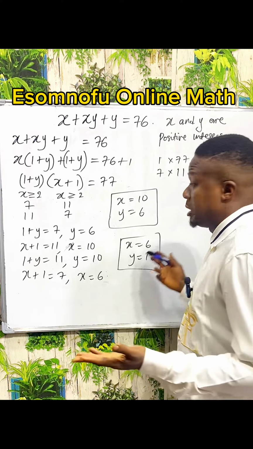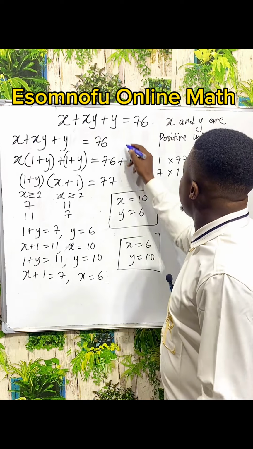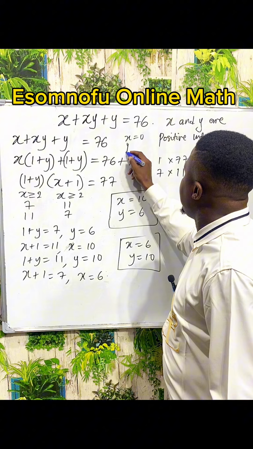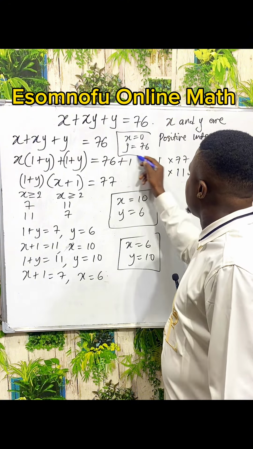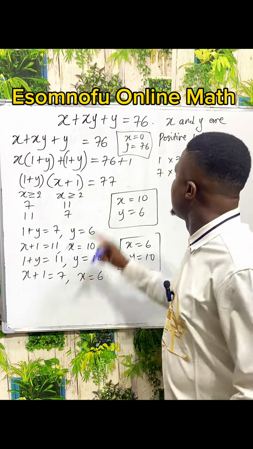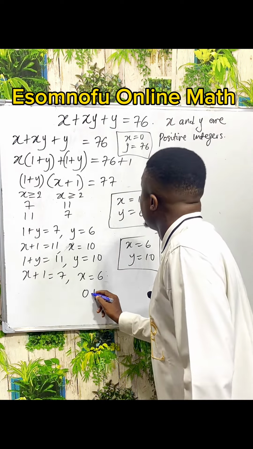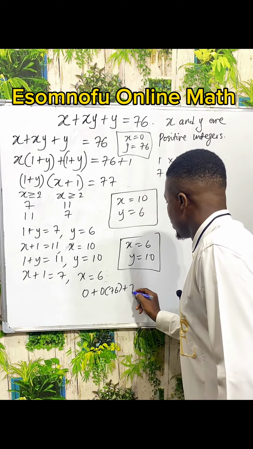There could be other values you can check. What if we say that x is 0 and then y is 76. Can this work? If x is 0, we have 0 plus 0 times y plus y is 76.